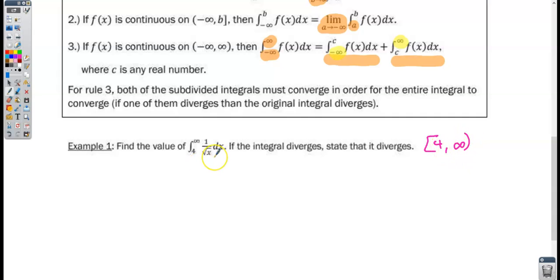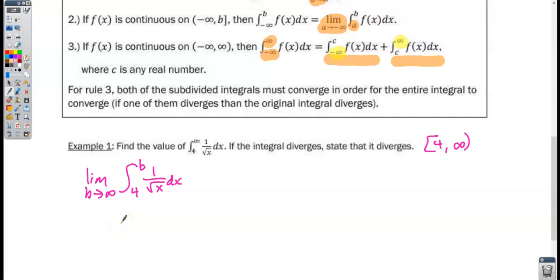There are no discontinuities in that interval for this function. So what that means is I can go ahead and apply these concepts we were just talking about, and I can replace this infinity with a b, make this the integral from 4 to b of 1 over the square root of x dx, and then take the limit as b goes to infinity.